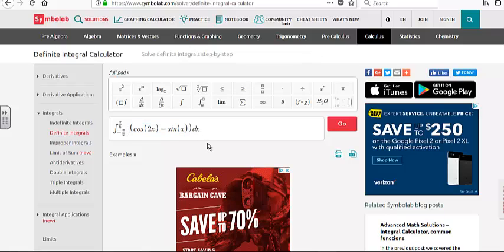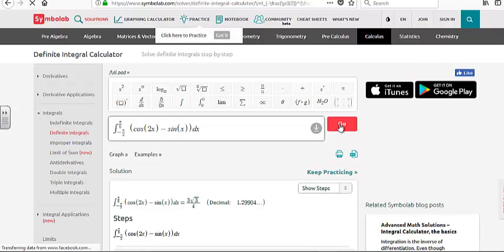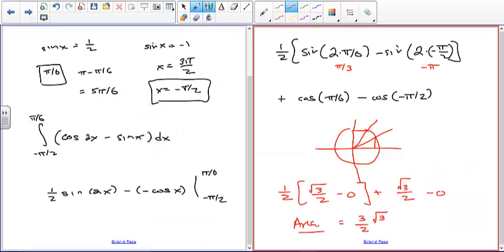So that looks about right. Say go. And they say the answer is 1.29904.